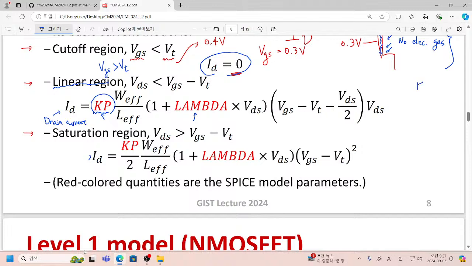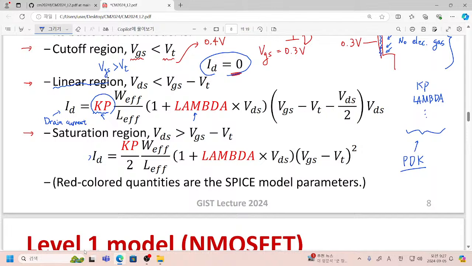So simply speaking, those quantities written in red are related to the device itself, so designers cannot change them. Instead, the fab manufacturer should provide these parameters, and a collection of these parameters, when it becomes more complicated and sophisticated, becomes something called a PDK.